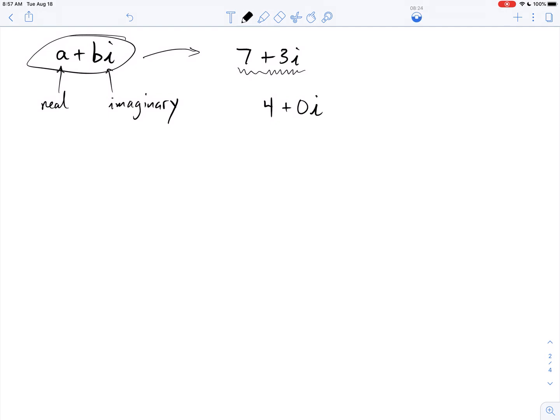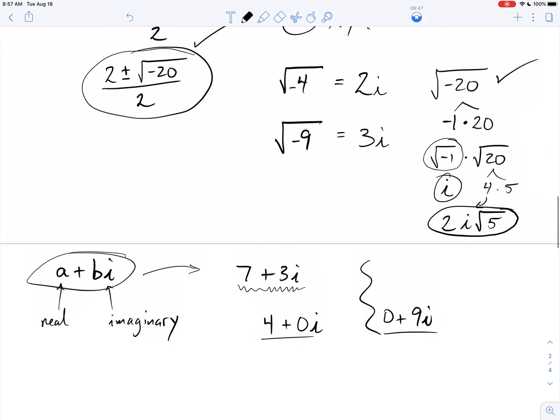Let's suppose you're working on a problem and you get 9i for an answer. You do not have to write 0 plus 9i. I don't care. The only reason you would care is in your future, they want you to know that there are 2 parts to every complex number. So that being said, let's just talk about simplifying. We did a little bit of it up here.